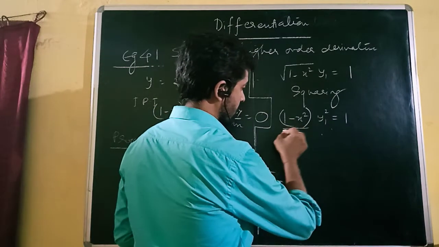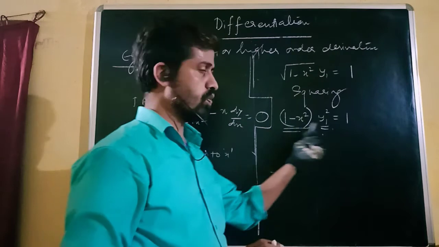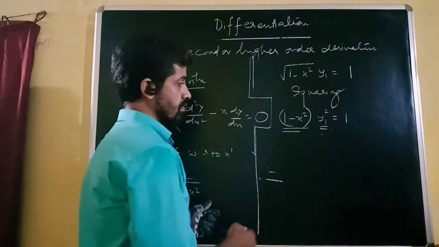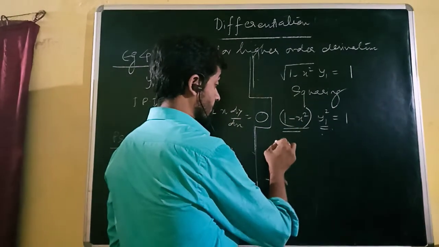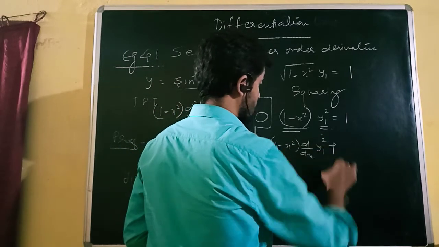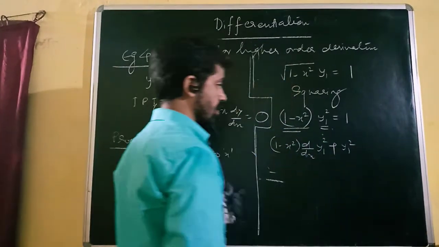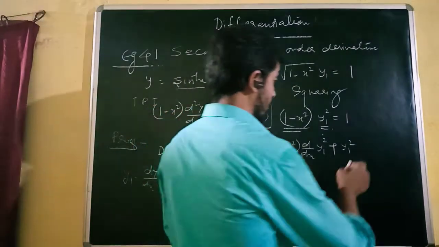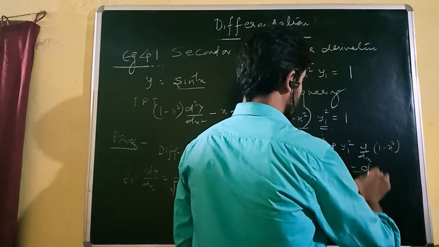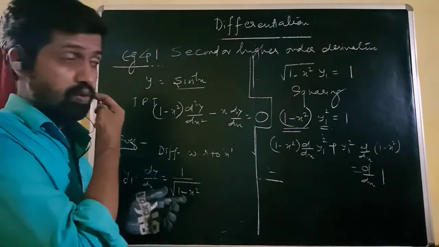Now we have got one function here, we have got another function here, so it is indeed a product of two functions. This expression is a product of two functions, so we adopt the product rule. So what we do, we write down 1 minus x square as it is, d/dx of y1 square, and now y1 square we keep as it is, and d/dx of 1 minus x square, and on the other side also d/dx of 1, differentiating both the sides again.